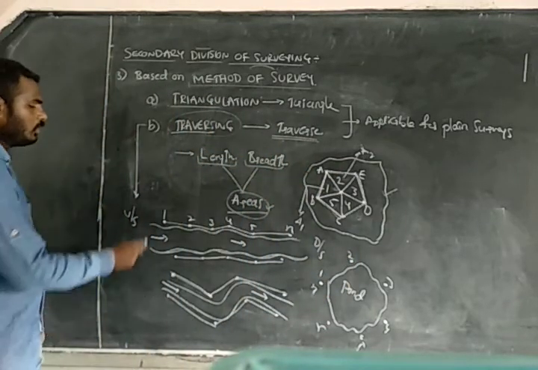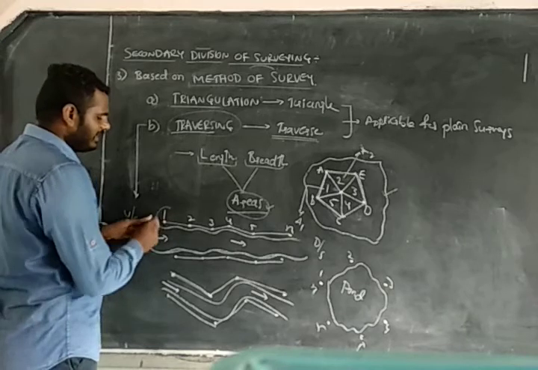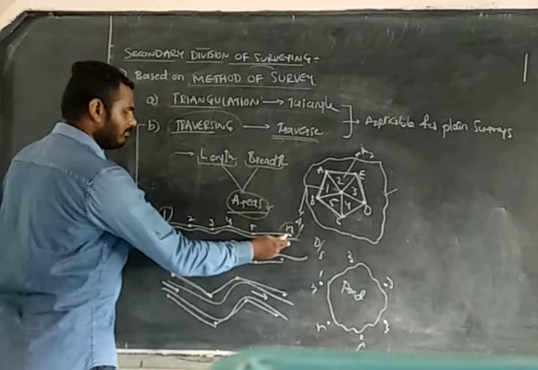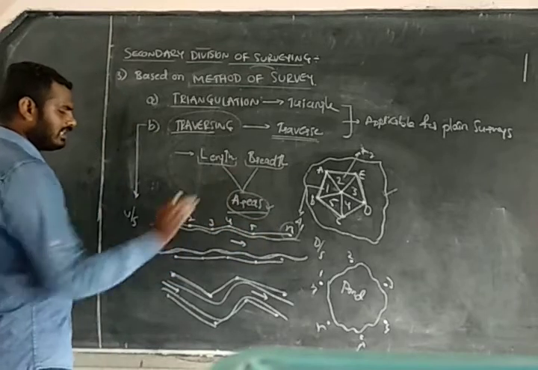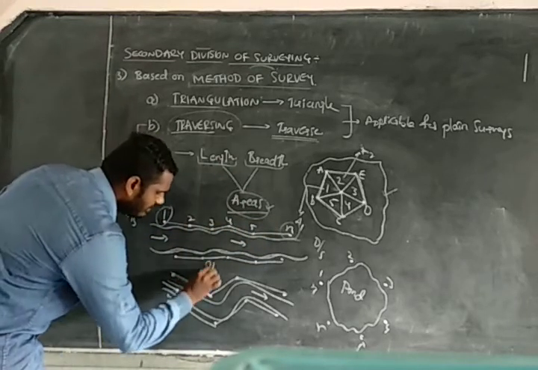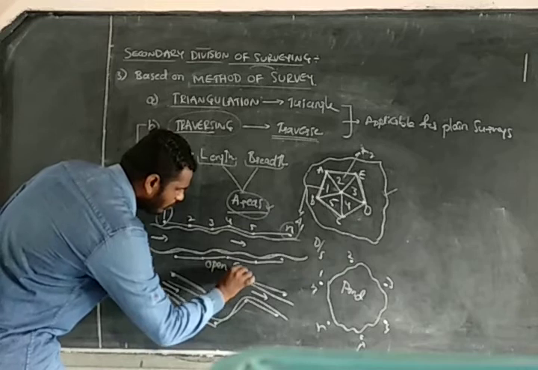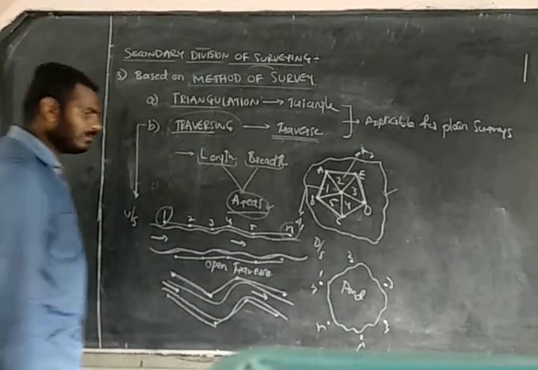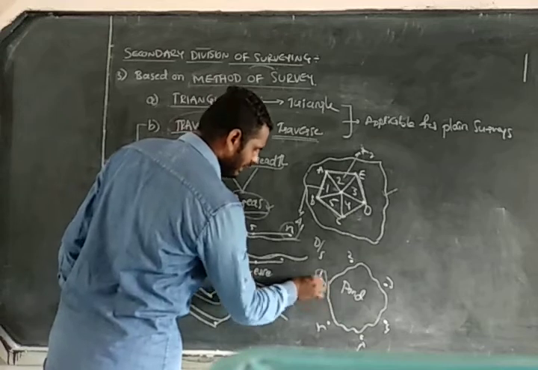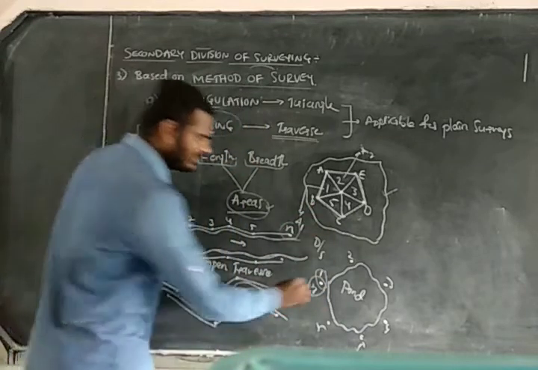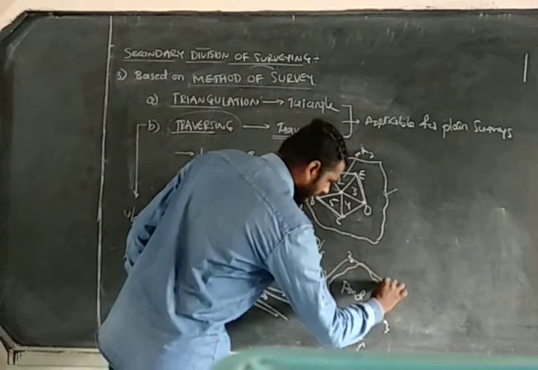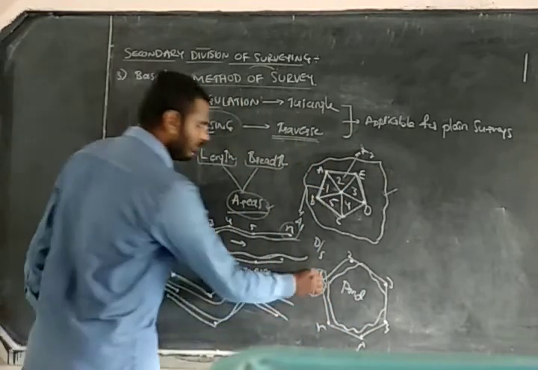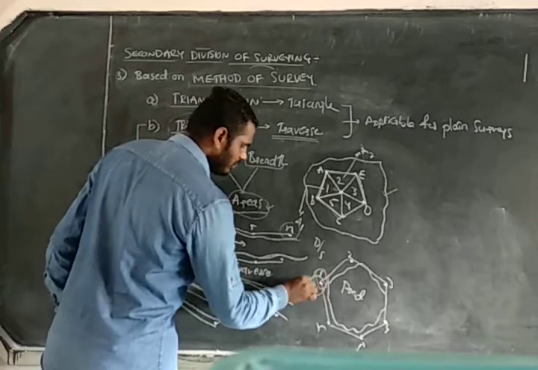Okay. So if the starting point of the traverse and the ending point of the traverse are not in contact, then we can call that one as open traverse. Open traverse. Suppose the starting point and end point are both connected, so the starting point is same as the ending point.